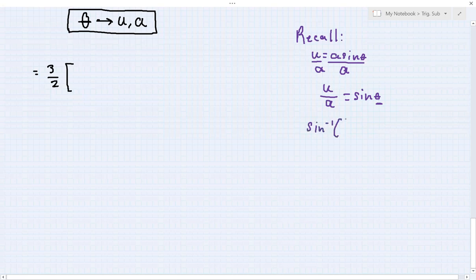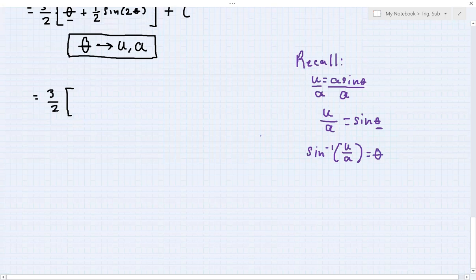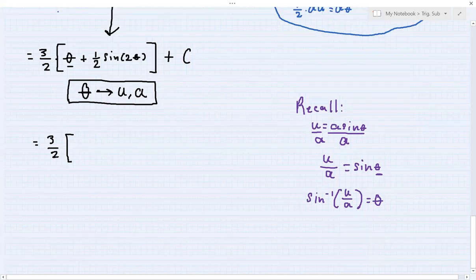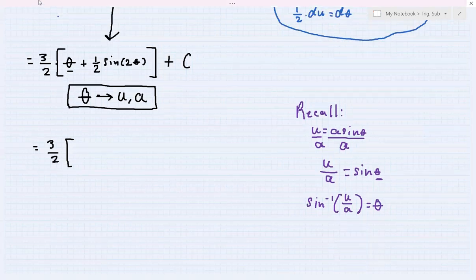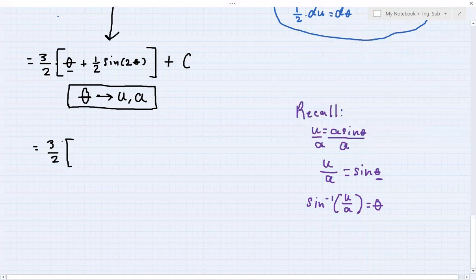So arc sine of u over a is equal to theta. Ayan. So dito, since andito si theta, ano magiging sagot natin dito? Magiging from theta to arc sine of u over a. Ayan. Ganyan na siya. Okay?